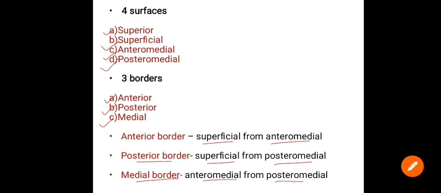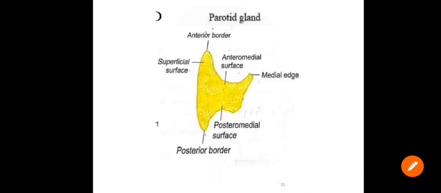Now it might look confusing now, but if you learn to draw this diagram, it's very easy. Now this is the parotid gland, and this becomes the anteromedial surface, the anterior part, right? This portion becomes the anteromedial surface and this becomes the posteromedial surface. Okay, and this is the superficial surface.